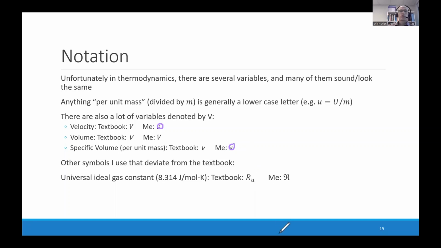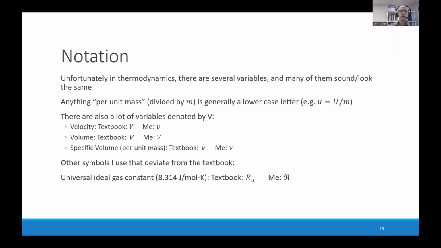The only other big difference between my notation and that of the textbook is for the universal ideal gas constant, usually denoted by R. This is what you probably recognize as 8.314 joules per mole Kelvin. There are a few ways to deal with the ideal gas law.